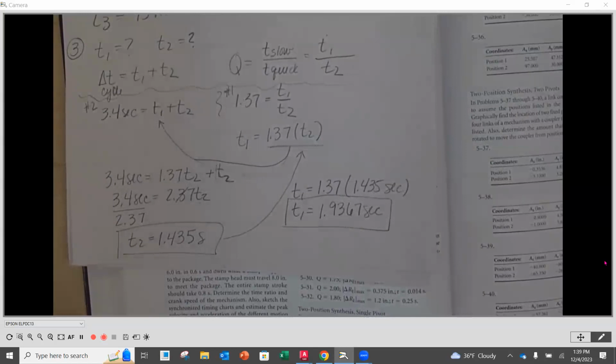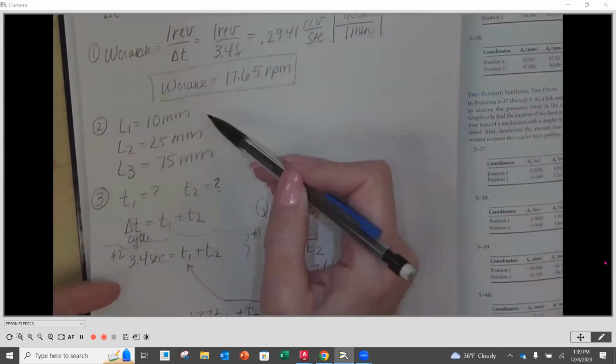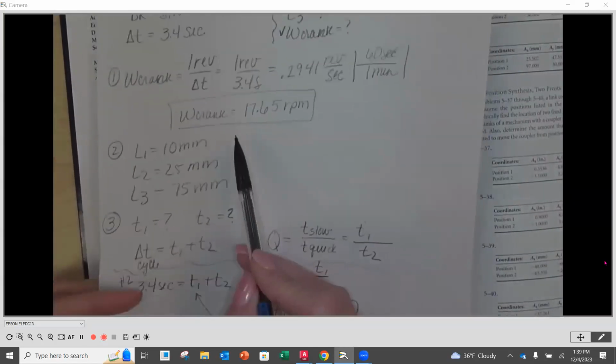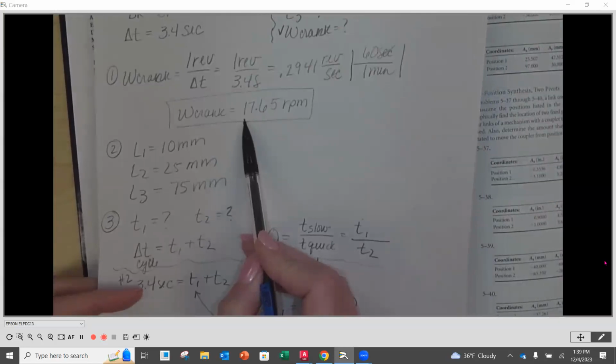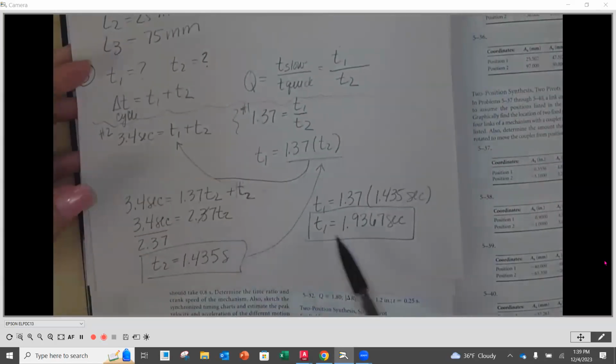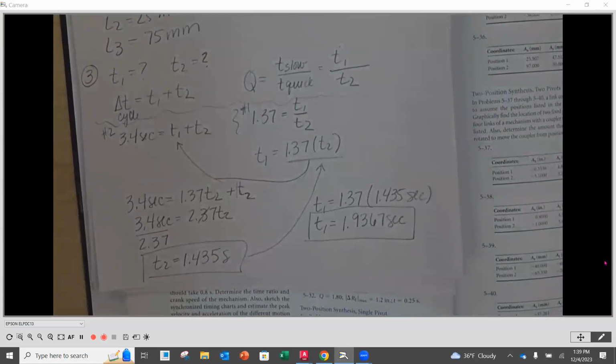So all of your lengths, your crank angular velocity, and then what are the T1 and T2 associated with the quick return. You don't have to do it on the Q is equal to 1 or the symmetrical motion ones, because they're just half of whatever that total cycle is. But when they're not, you have to figure out what is T1 and T2.